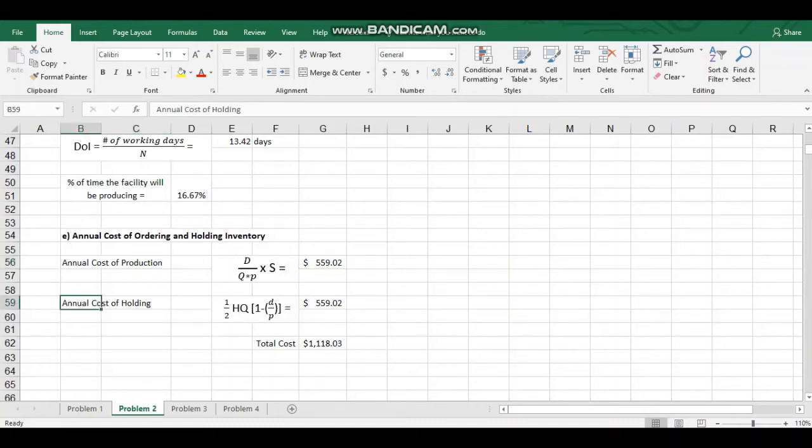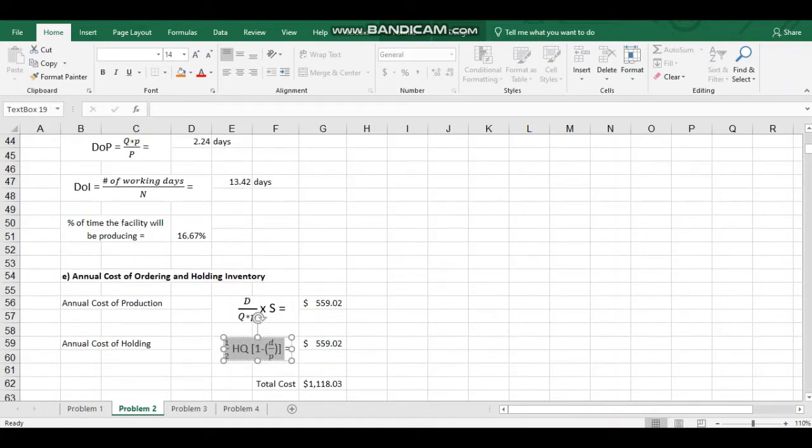And then next we count the annual cost of holding. We get it by using this formula: half of the holding cost times the Q star, and then multiplied by 1 minus the daily demand divided by the daily production rate.